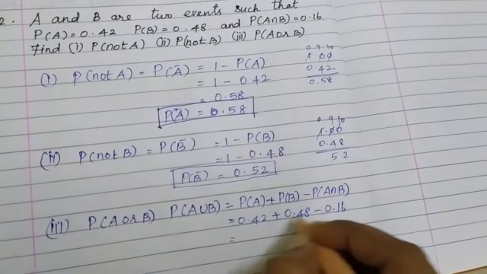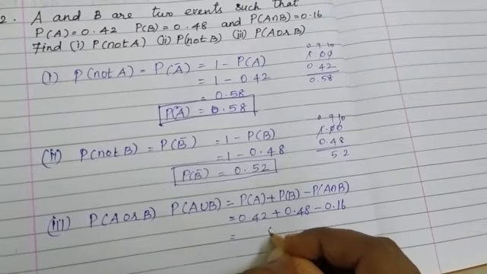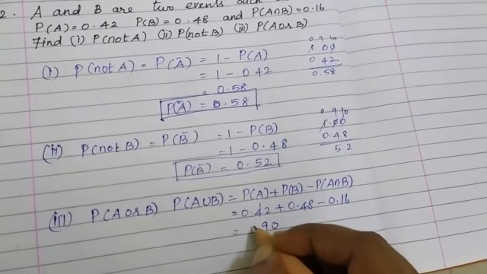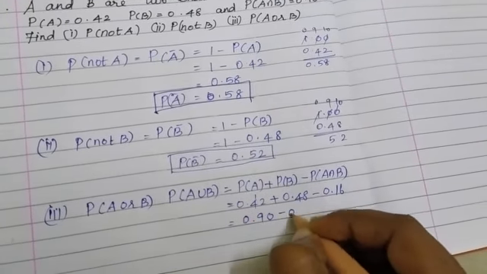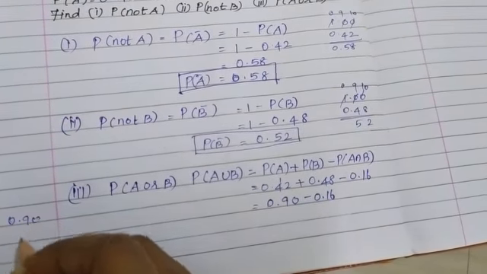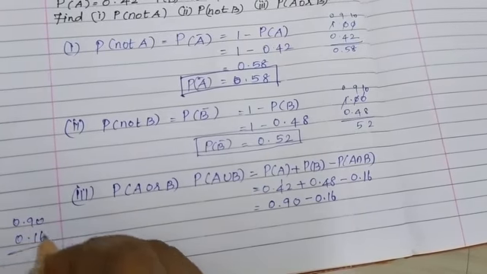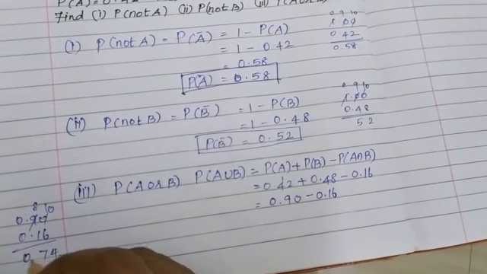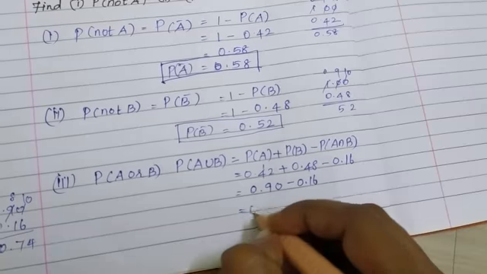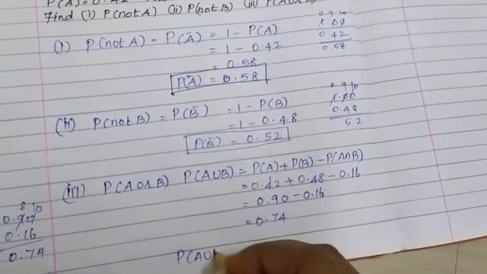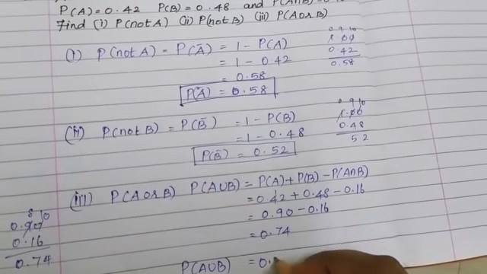First we add this number, 2 plus 8 is 10, 1 carry, 4 plus 4 is 8, 9, 0.90 minus 0.16. So borrow, 8 10, so 4 7, so 0.74. So P of A union B is equal to 0.74.